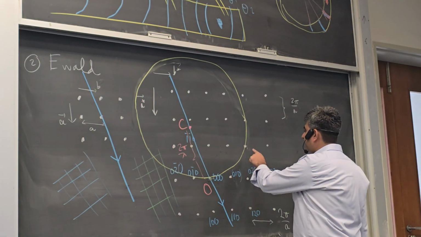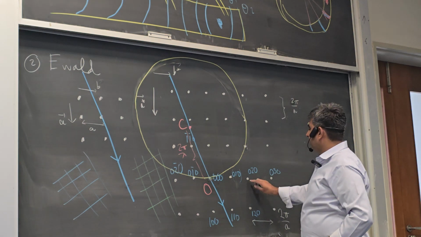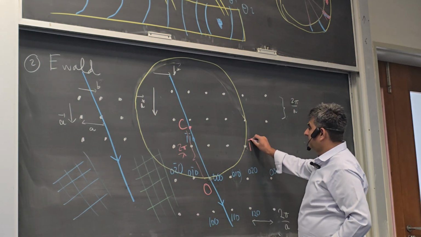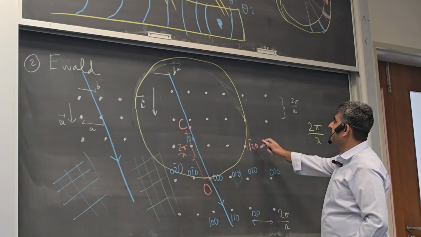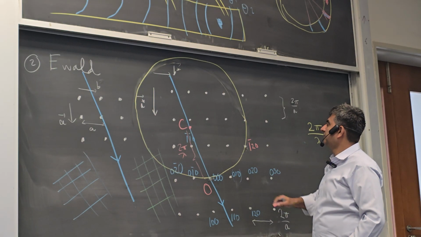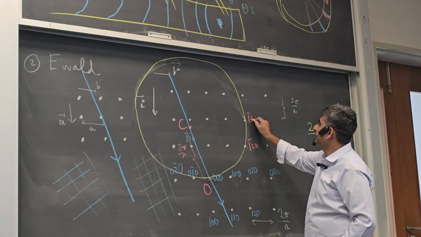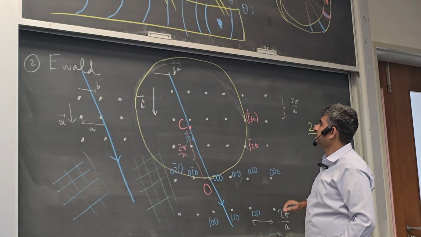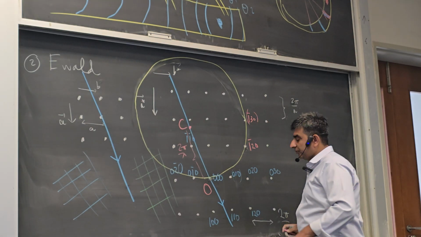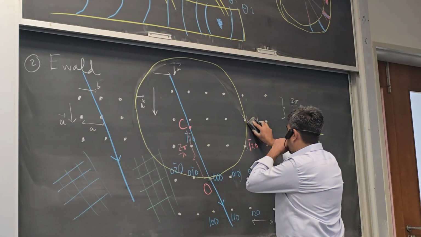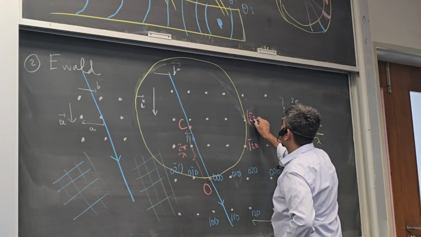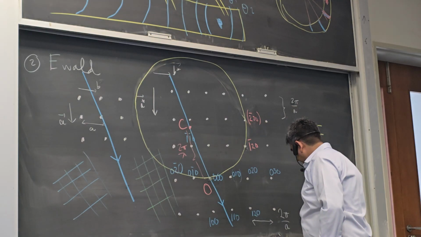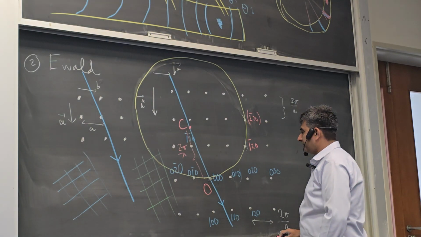So it intersects with this point. This point is 1 bar 2 0. It intersects with this point. This is 1 bar 3 0. Oh sorry, 2 bar 2 0. It might also intersect with other points.